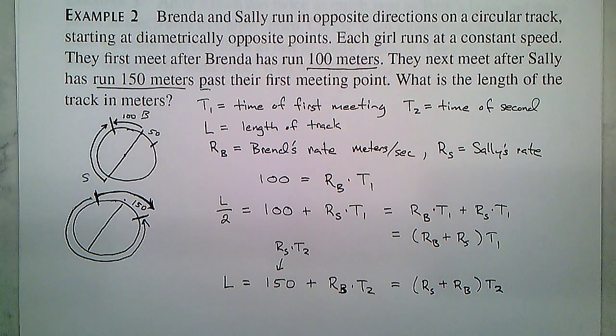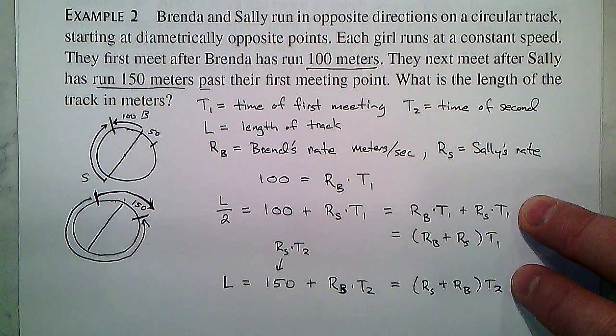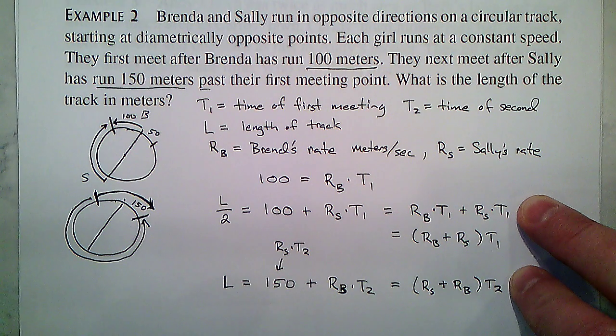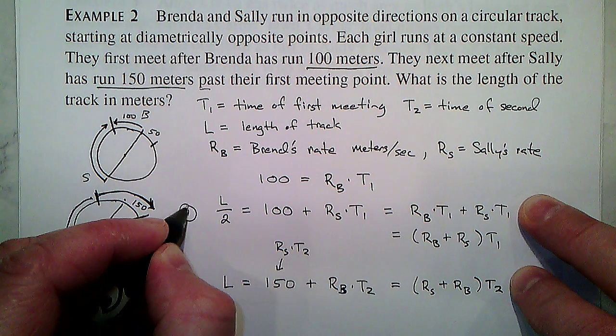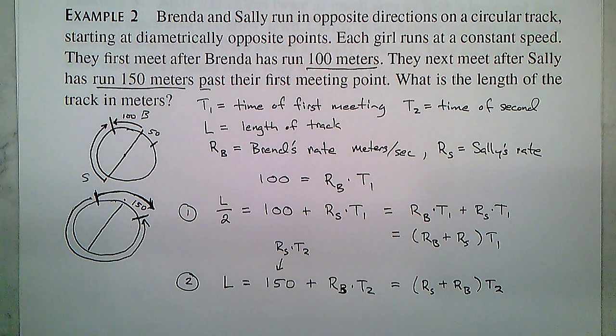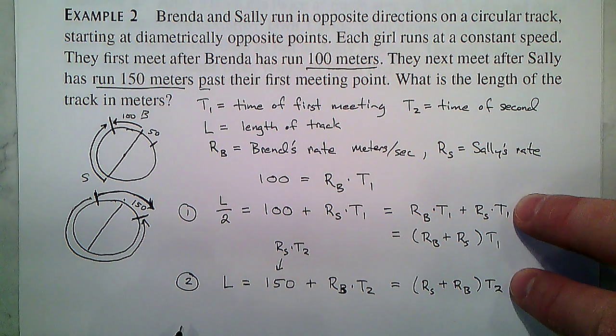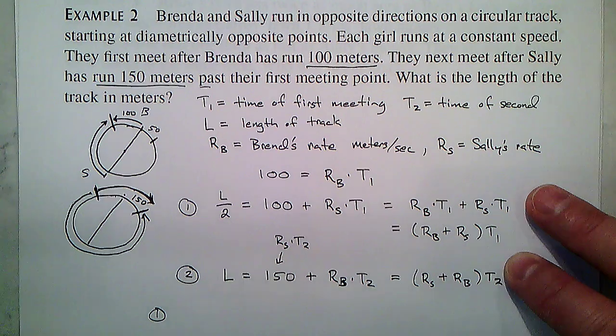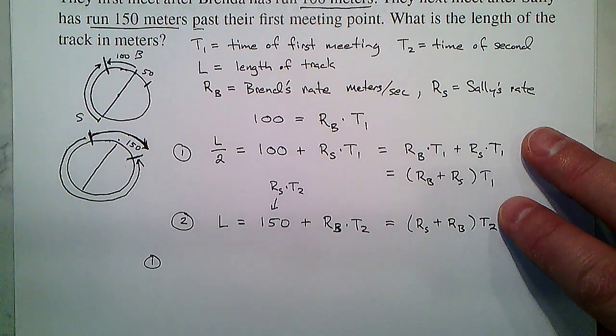times T2. And now if you look at these two equations, and maybe let's call this equation 1, this equation 2, if I take equation 1, let me scoot this up a little bit.